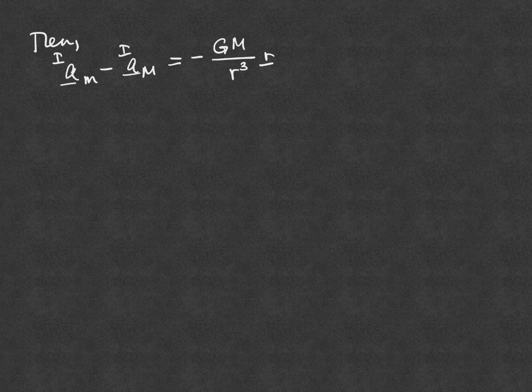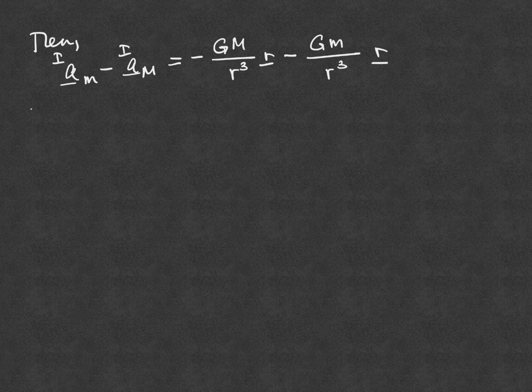So then the acceleration of little m minus the acceleration of big M in I has to equal minus G times big M all divided by r cubed times r minus G times little m all divided by r cubed times r, which of course I can now add together.